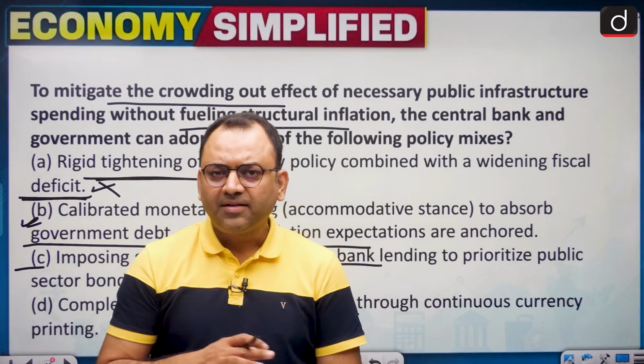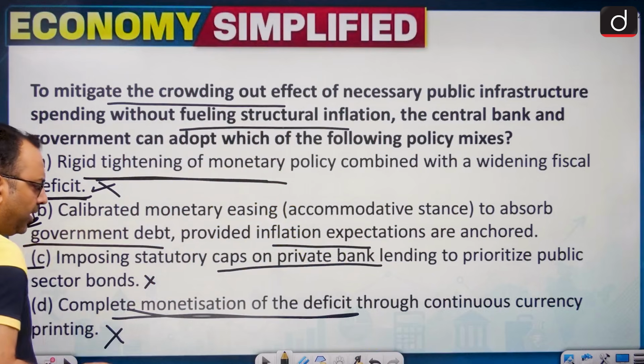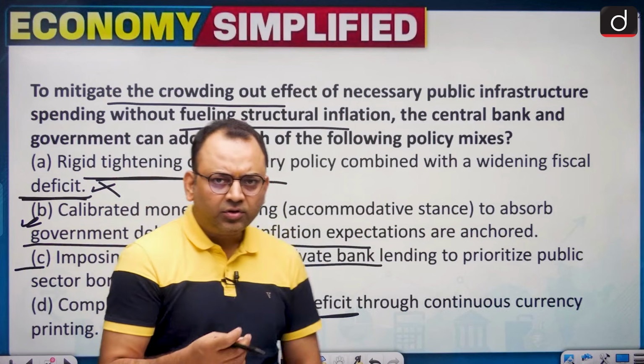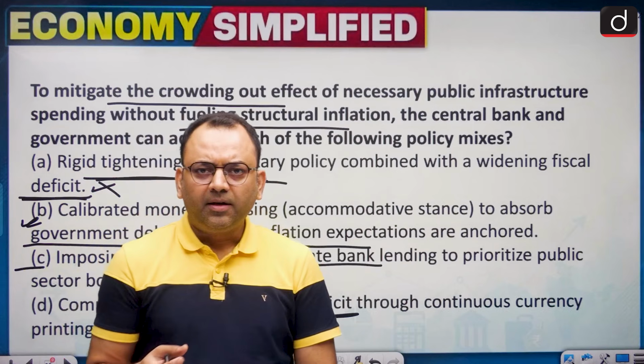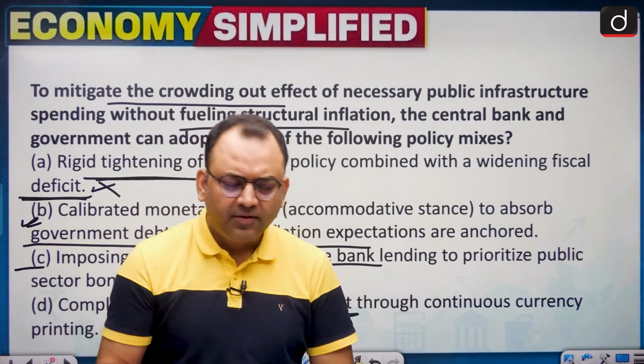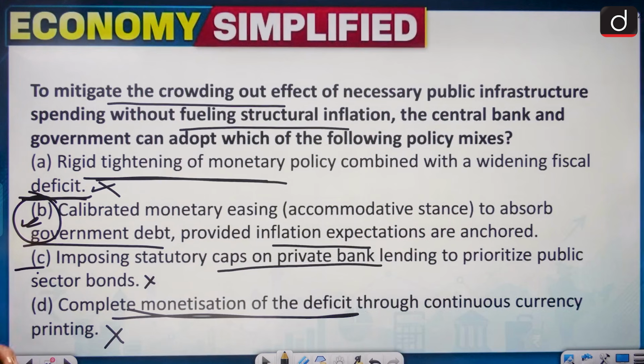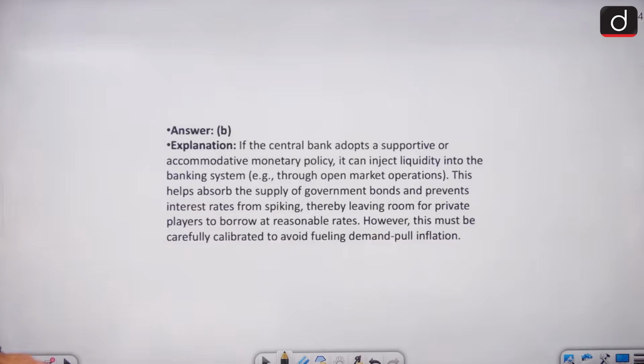That is not acceptable anyway. So this is not correct. The government cannot issue new notes to fund the deficit. It can't ask the RBI to print new notes to fund the deficit. So this is not correct. Answer is B, that we have to have a calibrated stand to ensure the money supply is there without having the crowding out, right?